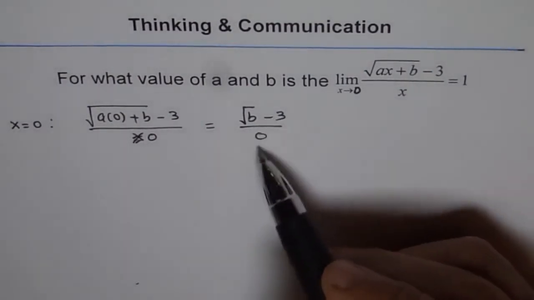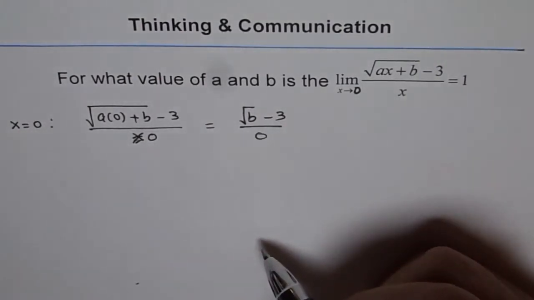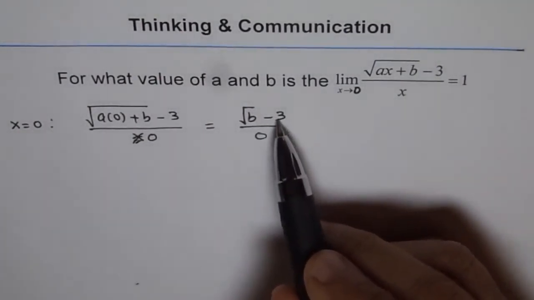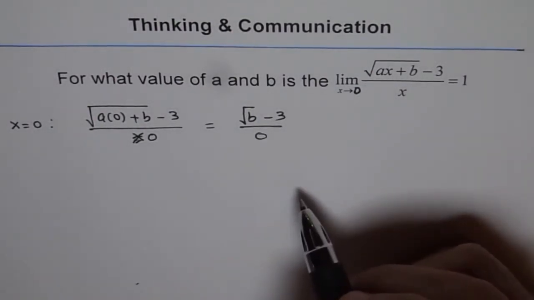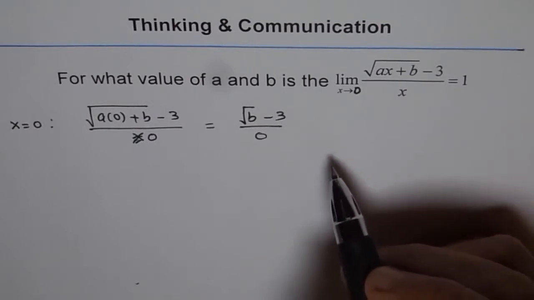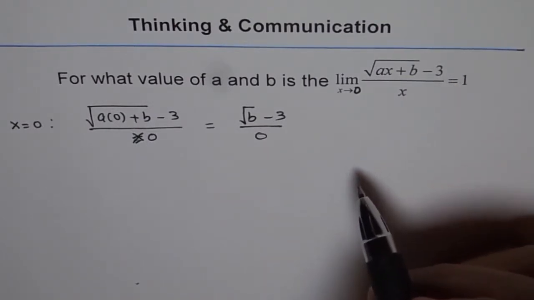Now, there's only one possibility of having a limit in such a scenario, and that is when the numerator is also 0, correct? So we get 0 over 0 form, and then we can figure out how to rationalize it and solve the problem.